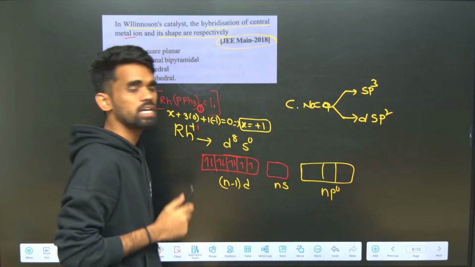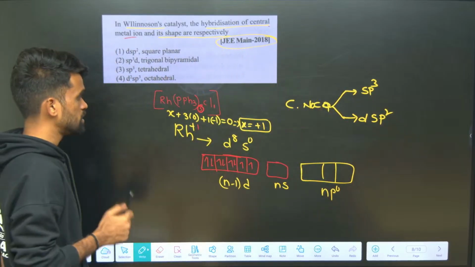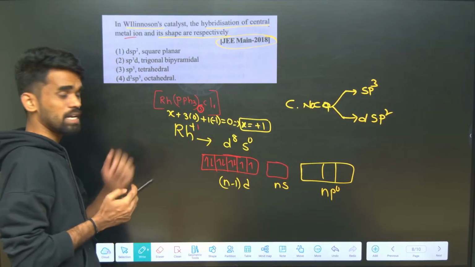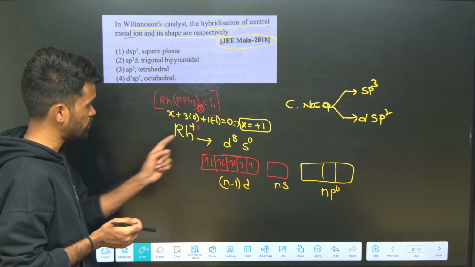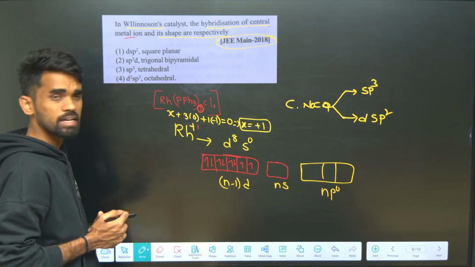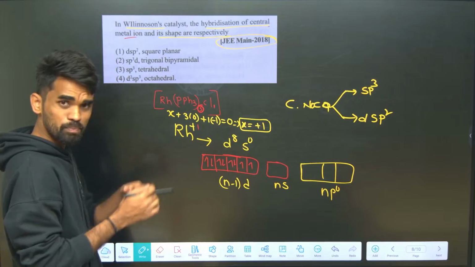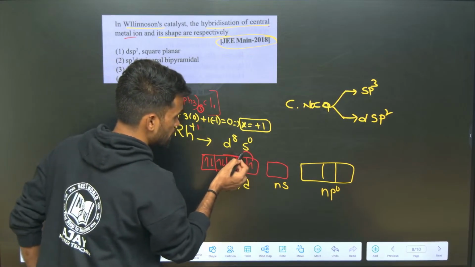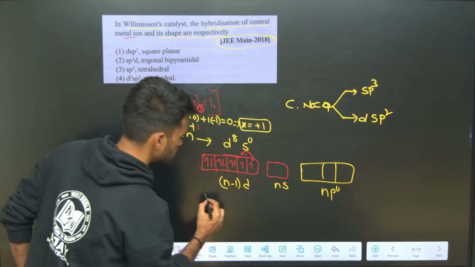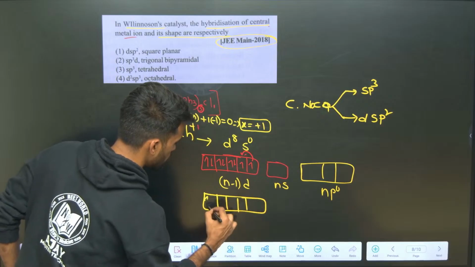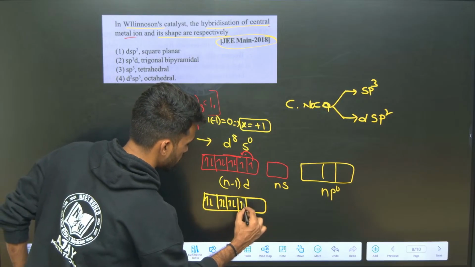Out of these two, only one is possible. Since the ligand here shows pairing of electrons due to its nature, this pairing takes place and we get something like this after pairing: 1, 2, 3, 4, 5, 6, 7, 8.